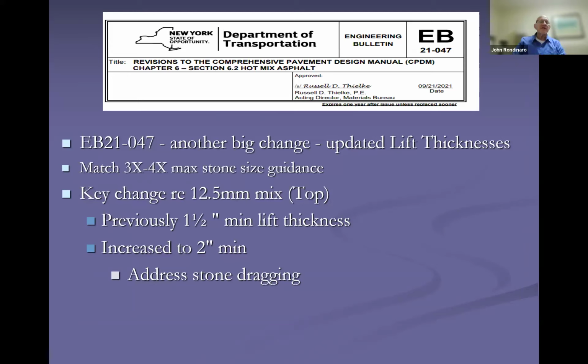But again, back to this bulletin that I was talking about earlier, it also changed the minimum thicknesses. We had a problem with the 12.5 millimeter mix. It was previously 1.5 inches. That was the standard at DOT. So you put down a Type 6 or a 12.5 at 1.5 inches. That was the go-to. That was the standard. But it has been changed. We had a lot of stone dragging with the 12.5.